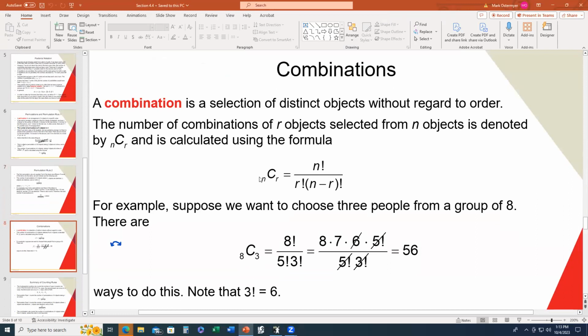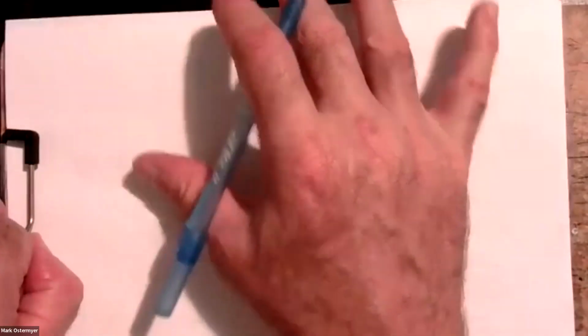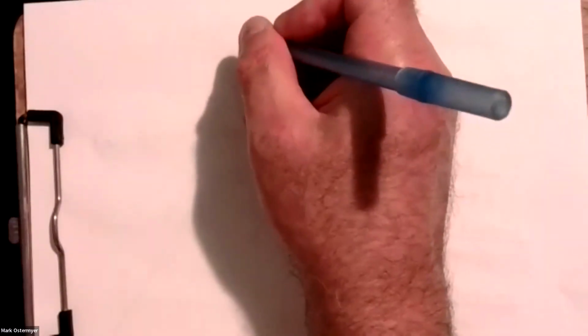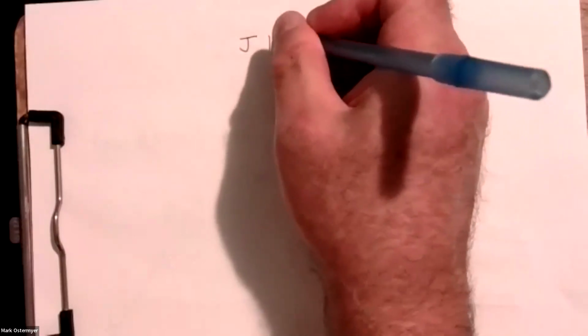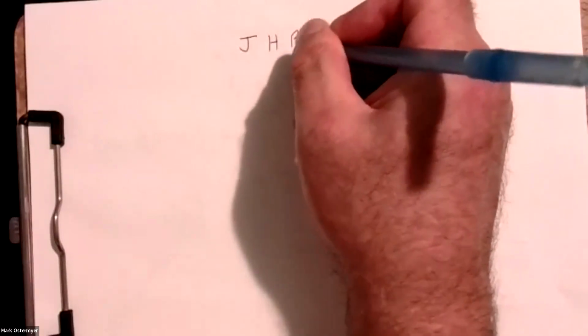All right. Permutations. Order matters with permutations. So let me just expound upon that real quickly if I could here. Suppose you have 3 people. You have Jill, you have Hector, and you have Bo.